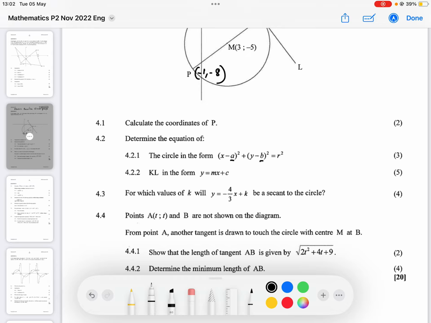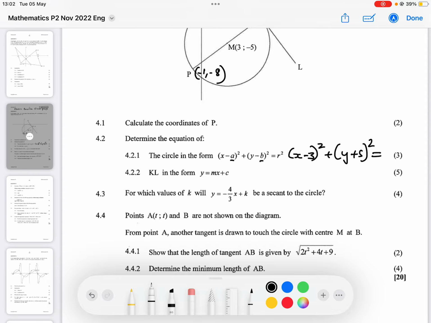So x at M is positive 3; when it gets inside the bracket, it becomes negative 3, all squared, plus y. Y at M is minus 5; when it gets into the bracket, it becomes positive 5, all squared equals what?